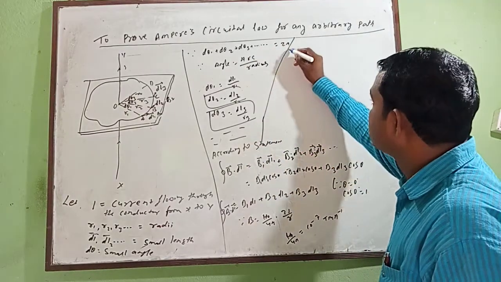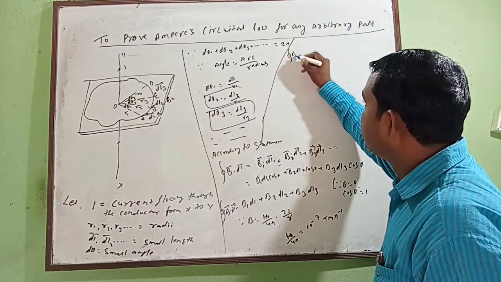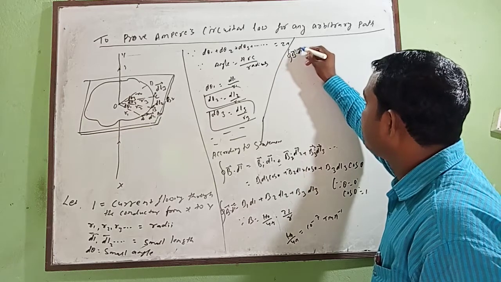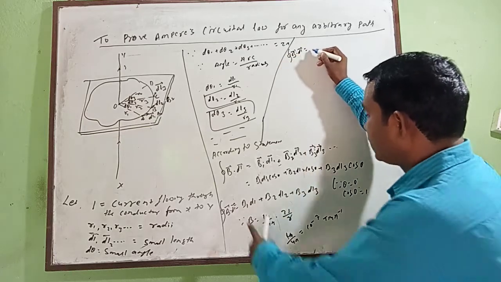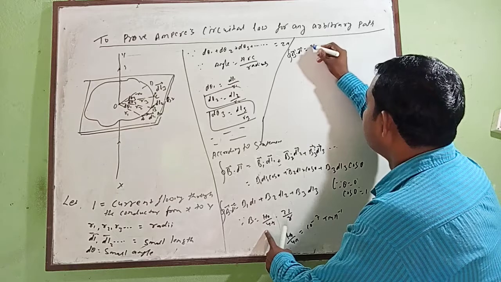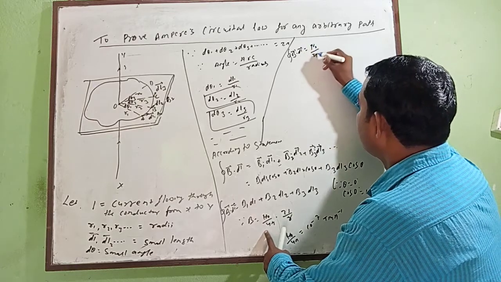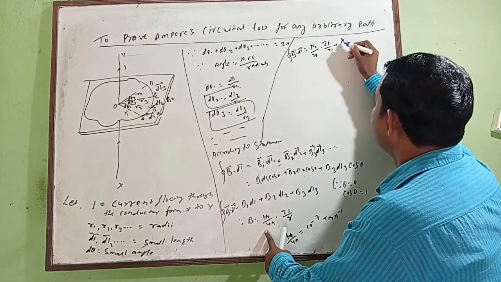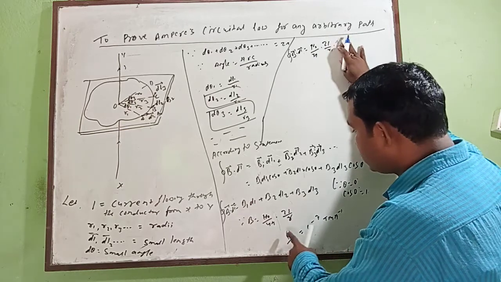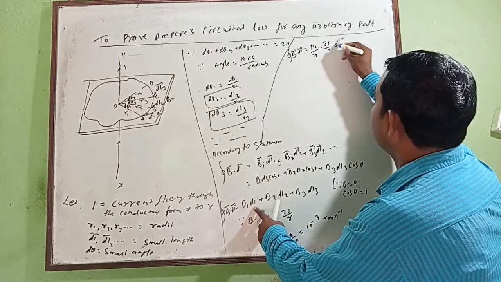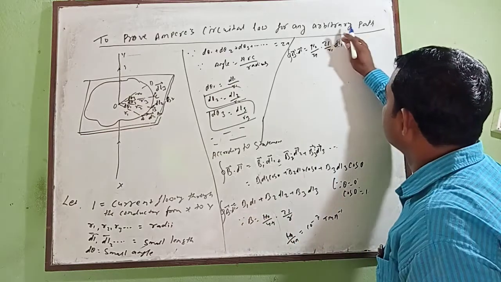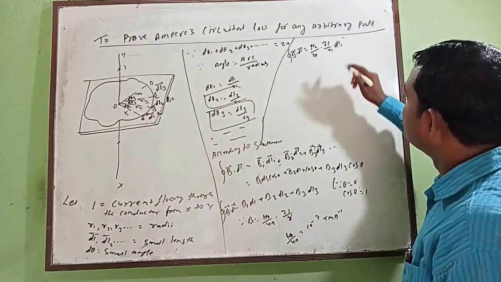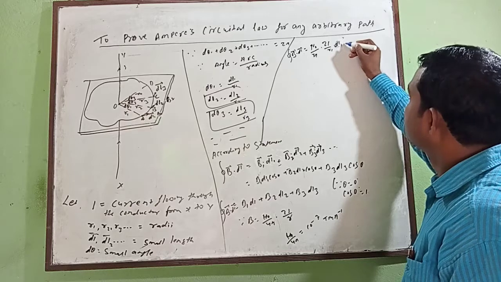Then what will you write? The closed integral of B dot dl is equal to, at the place of B1, you will write mu naught by 4 pi into 2I by r1, and one more thing we are leaving, that is dl1.